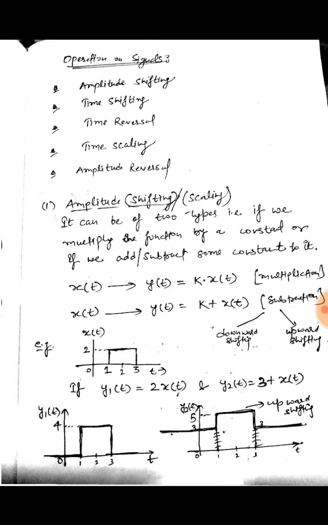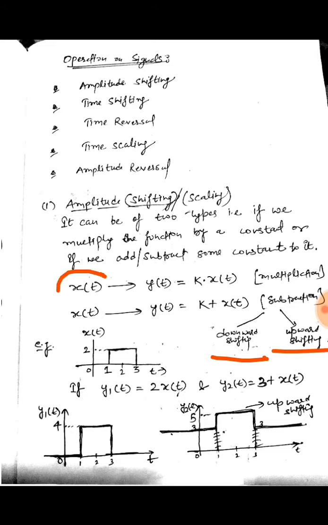So it can be of two types, that is, if we multiply the function by a constant value, then it will be amplitude scaling, and if we add or subtract some constant to our signal, then it will be the amplitude shifting, which can be of two types, that is downward shifting and upward shifting.